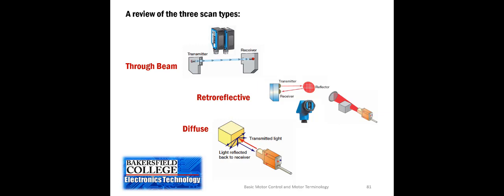When that light beam is broken by the object, that detects that the object is there. Now, diffuse means that light is hitting the object and bouncing back. And there is no reflected light when the object is not there, but there is light reflected when the object is there. So that's opposite of through beam and retroreflective.